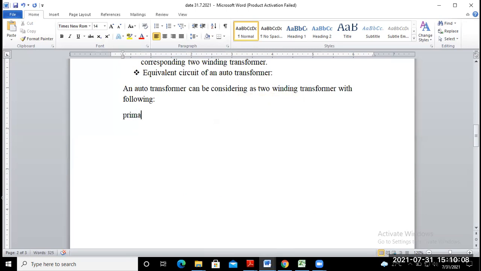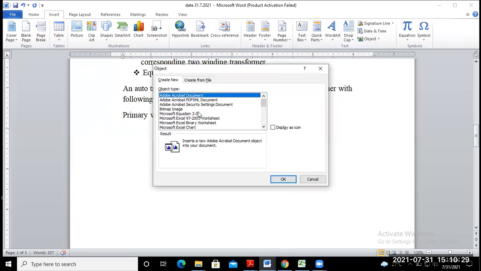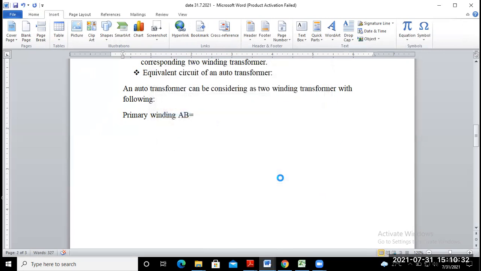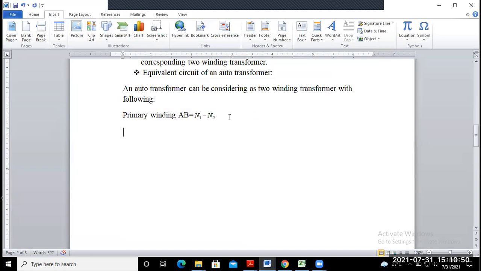Primary winding AB has N1 minus N2 turns.